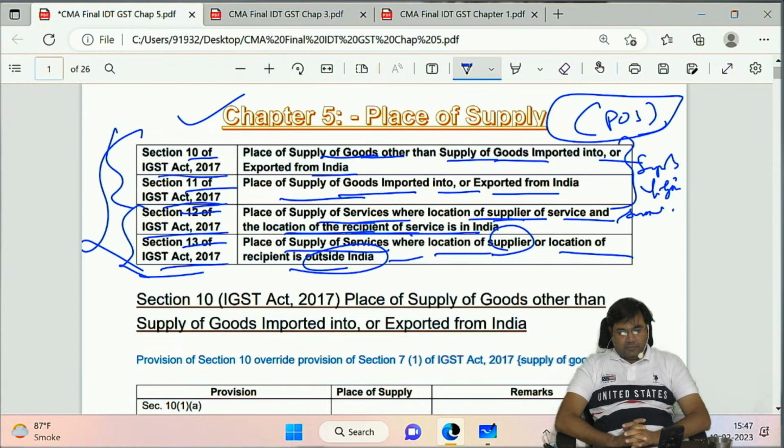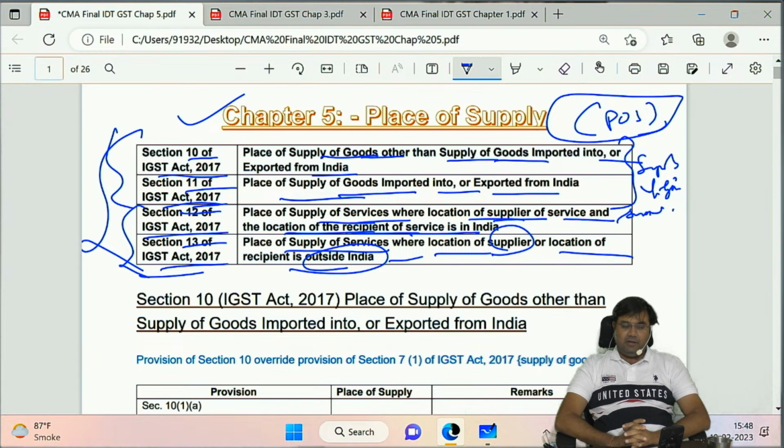Okay, location of supply is the place where business is registered. Could you please open the book and tell me where you have seen this definition?